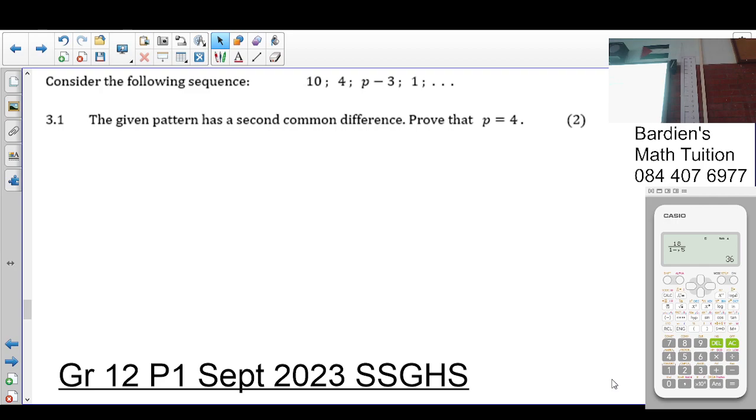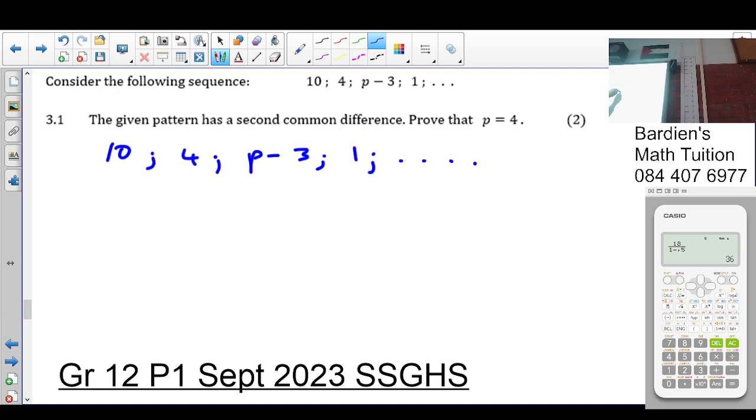Consider the following sequence: 10, 4, p minus 3, and 1. The given pattern has a second common difference. Prove that p is equal to 4. If it has a second common difference, that means this is a quadratic pattern. So it's going to be 10, 4, p minus 3, 1, and so on.